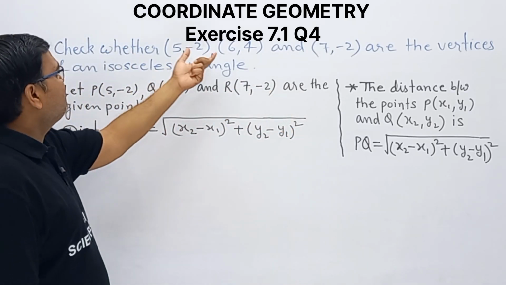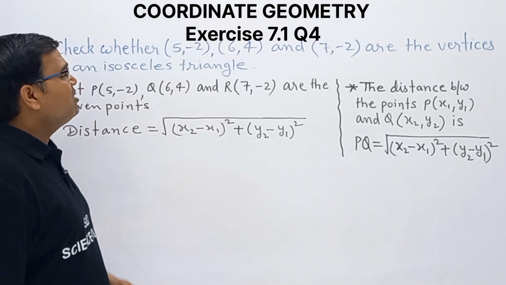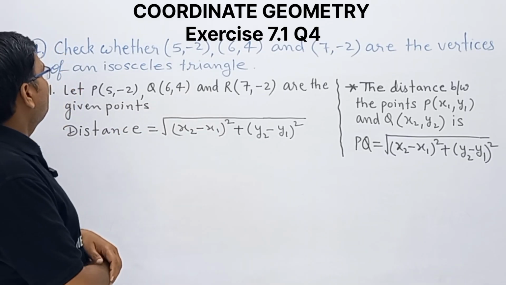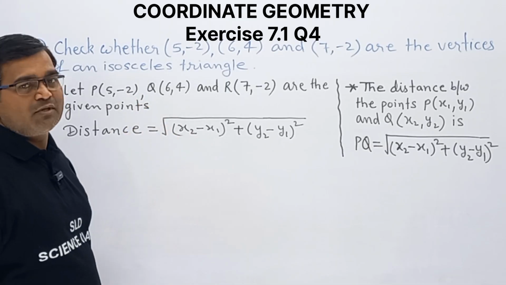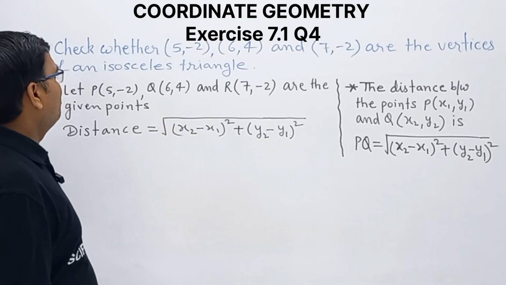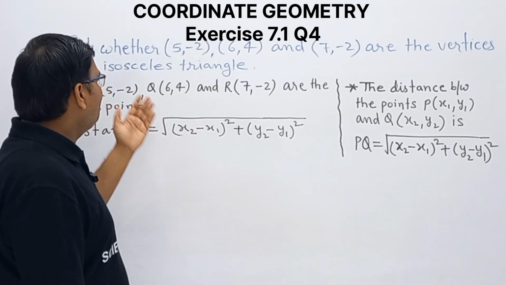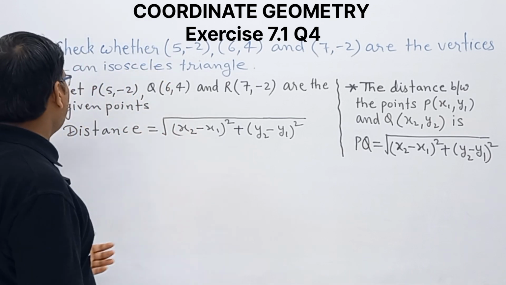We are assuming these 3 points as P, Q, R, and these are the vertices. We want to check whether these vertices form an isosceles triangle. So, we have 3 points, or we can say 3 vertices of an isosceles triangle.